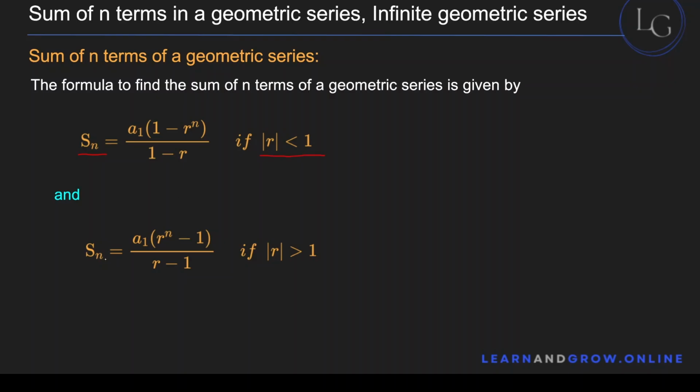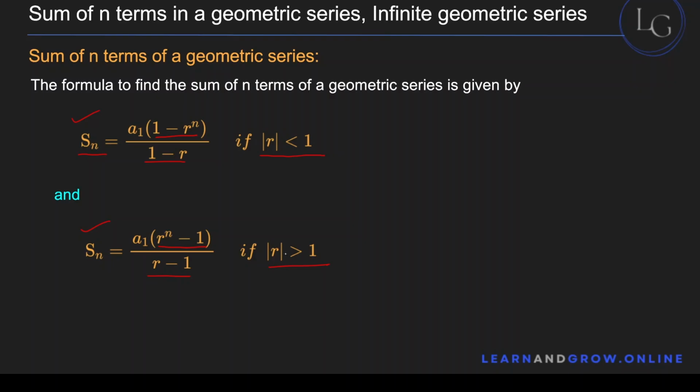And if the absolute value of the common ratio is greater than 1, well, we'll have this formula. The only difference between this formula and this formula is in these terms. As you can see, when the absolute value of r is less than 1, this term is equal to 1 minus r to the power n over 1 minus r.